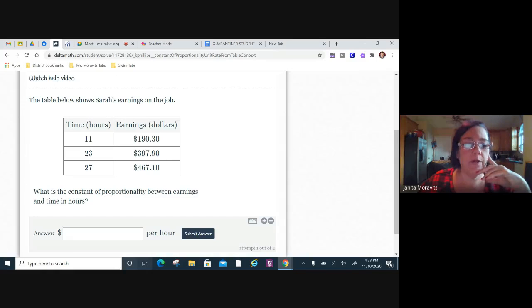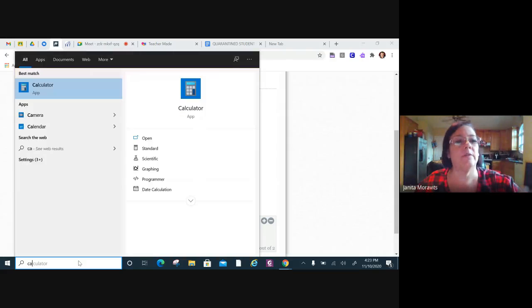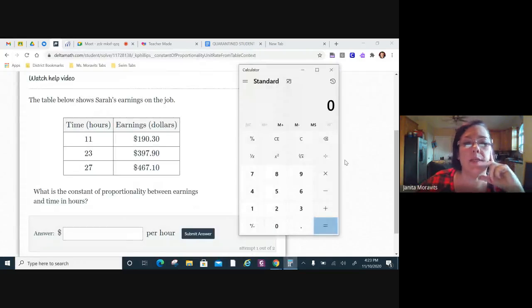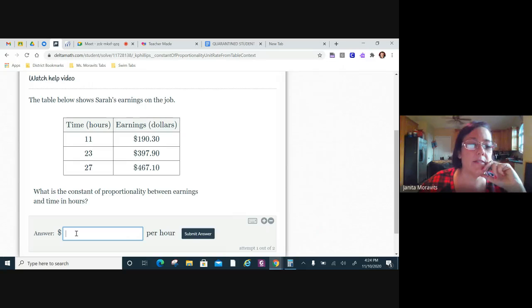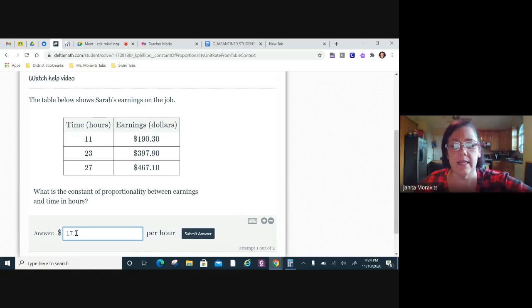All right, and we're going to use a different calculator too, because it's just a little bit easier. Okay, so we want to know if she makes $190.30 in 11 hours. How much does she make in one? So we're going to divide it by 11. So she makes $17.30 per hour.